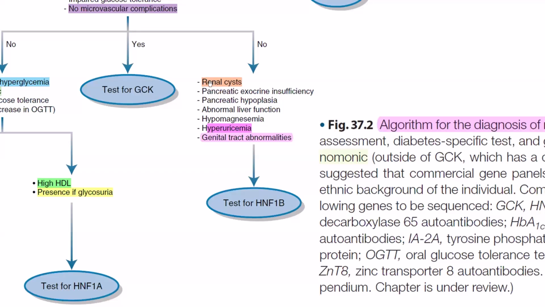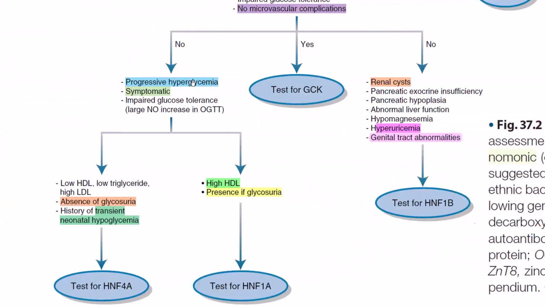If we have a renal cyst, pancreatic hypoplasia, pancreatic exocrine insufficiency, or genital tract abnormality, it is HNF1 beta. If we have progressive symptomatic hyperglycemia with impaired glucose tolerance, it is HNF1 alpha or 4 alpha.